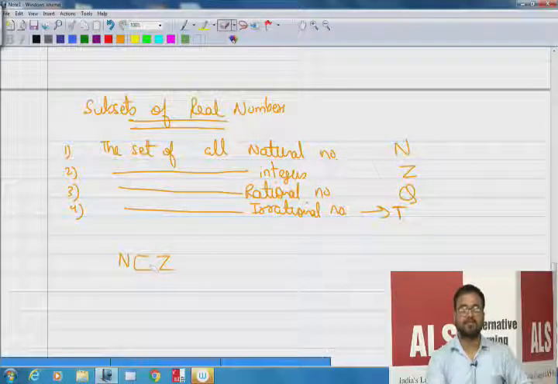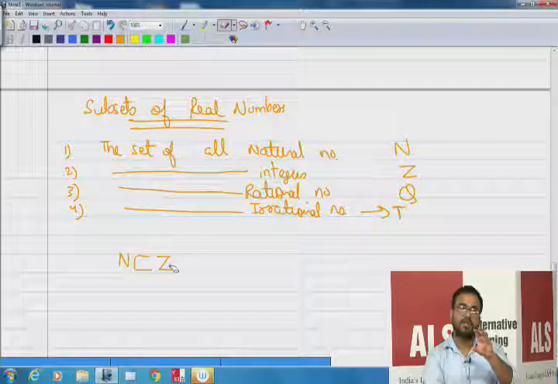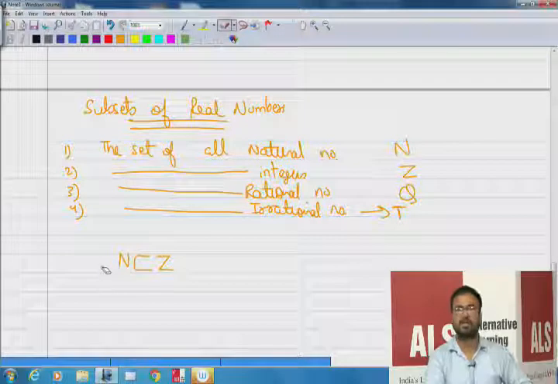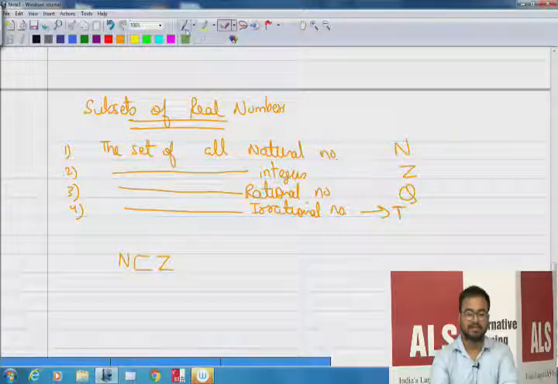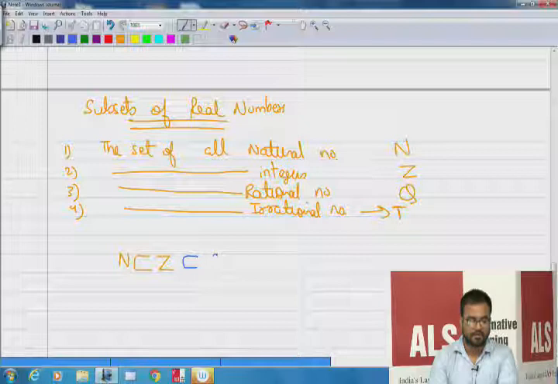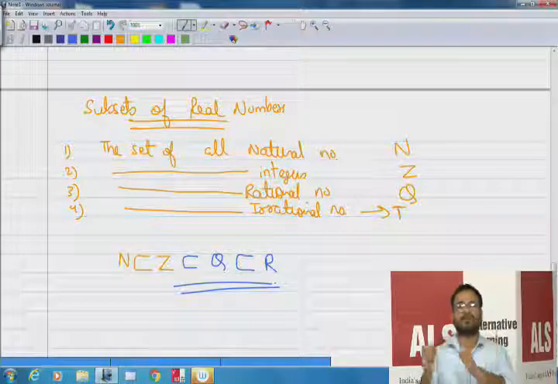So N is a proper subset of real numbers, because all integers are not natural numbers, but all natural numbers are integers. Similarly, N is a proper subset of Z, integers are a proper subset of rational numbers, and rational numbers are a proper subset of real numbers. We only say proper subset because it doesn't contain all the elements.